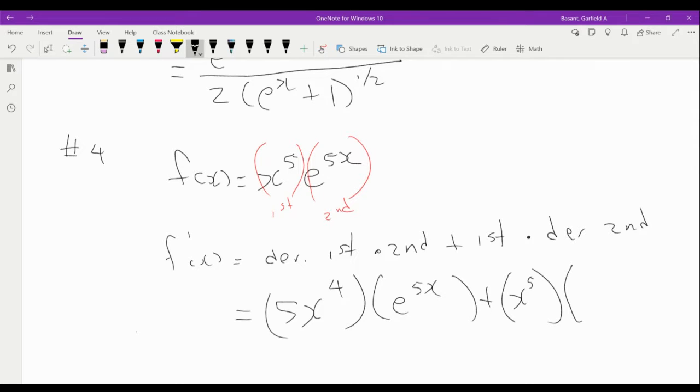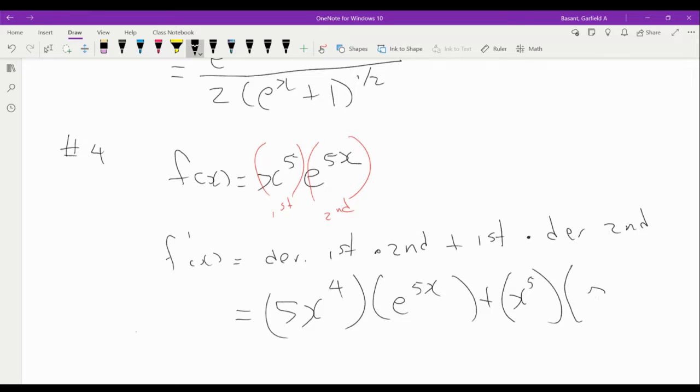What's the derivative of the second part, which is e to the 5x? Five, and what else? 5e to the 5x.